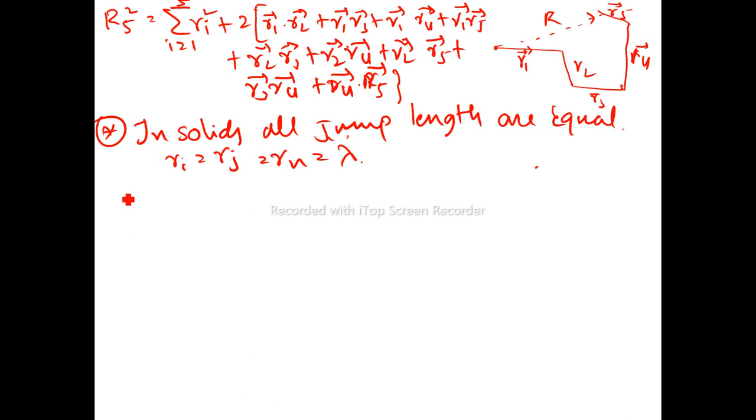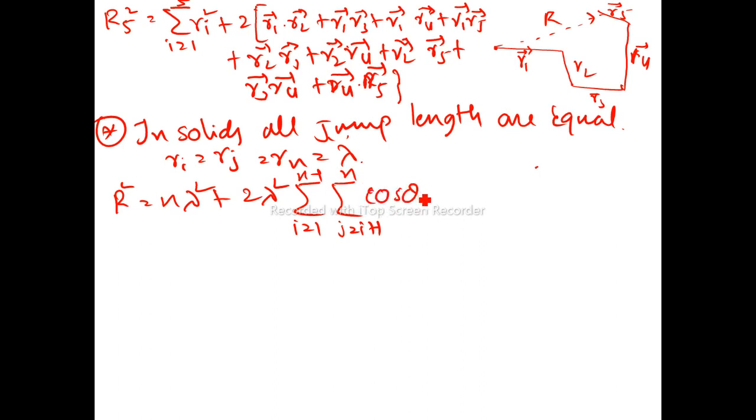Then this term, R square, is written as n lambda square plus 2 lambda square summation i equal to 1 to n minus 1, j equal to i plus 1 up to n, cos theta ij. Okay.